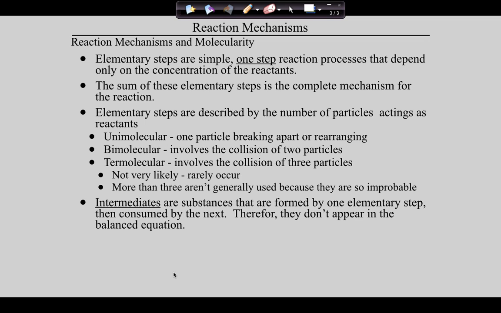You guys good? Okay. So what we're going to do now is wrap our arms around some of the interplay, some of the details that we need to really grasp in order to pull this idea of mechanisms together with rate laws.